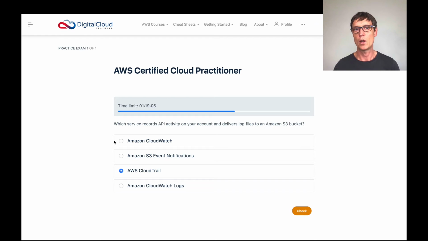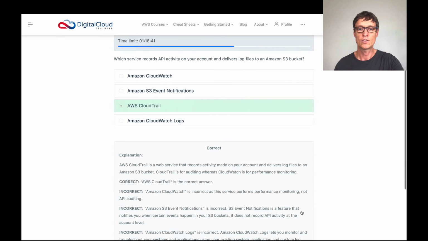For example, you upload an object to an S3 bucket and it notifies Lambda, and AWS Lambda might run a function to process an image in that bucket. So S3 event notifications is not about recording API activity, it's about initiating events. So I'm happy with that answer. Let's click on check, and that's correct.